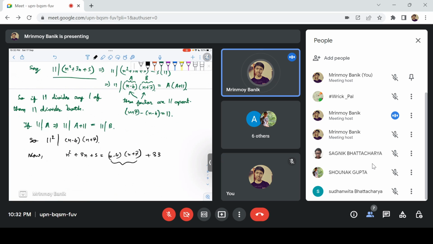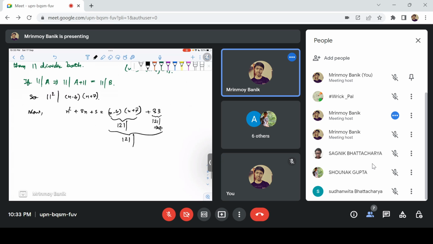So we have shown 121 divides this thing, or we have assumed 121 divides the whole thing, so that means 121 has to divide the second term, that is 33, which is a contradiction here, since 33 is smaller than 121, so 121 can't divide 33.